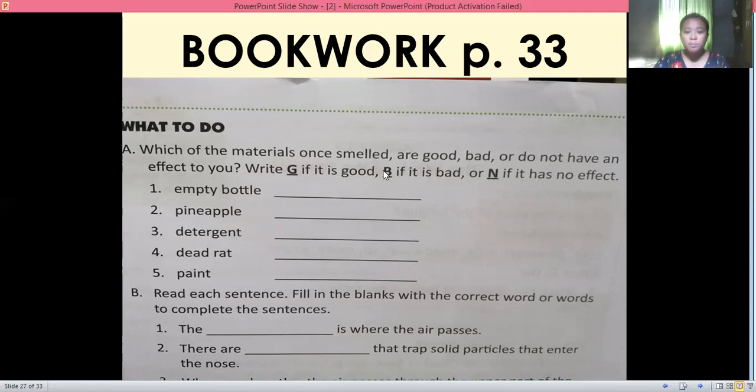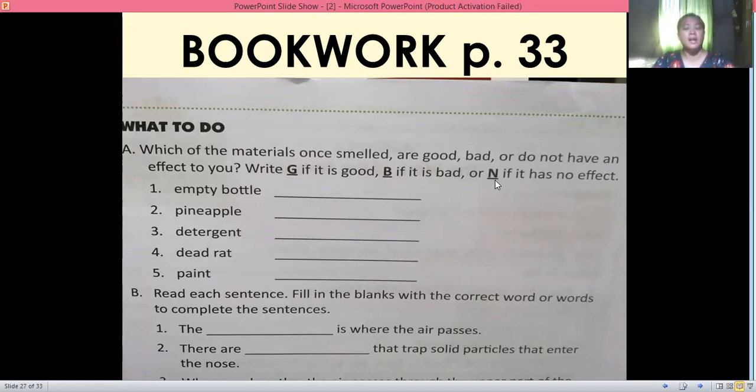And number 4, dead rat. Uh-oh, dead rat. Letter G, is it good? Letter B, is it bad? Or letter N, no effect? Just write the letter G if it is good, letter B, bad, or N, no effect.